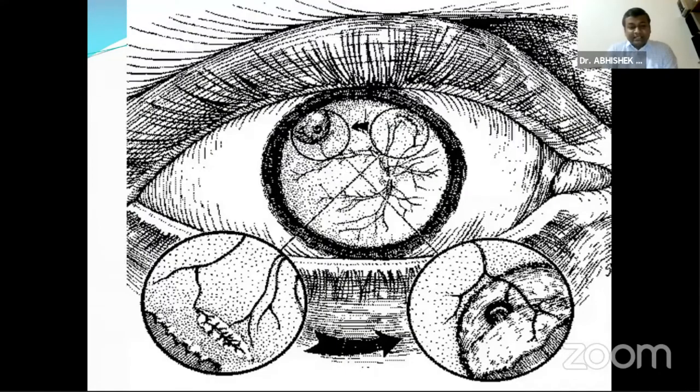So this patient is having a supratemporal horseshoe tear, which you can see here, and a lattice in the supranasal quadrant. The quality of the diagram is not good, but just for depiction, it will be drawn in the chart like depicted here. So the lattice will come in this quadrant and the horseshoe tear will come in this quadrant.